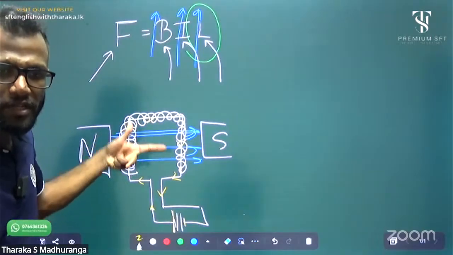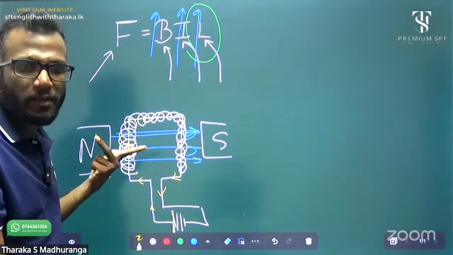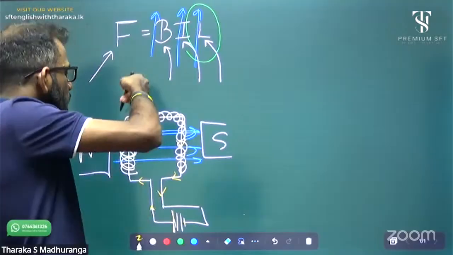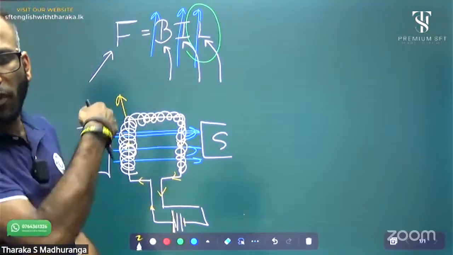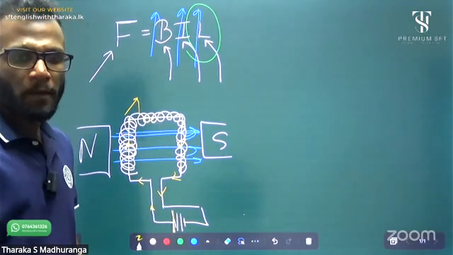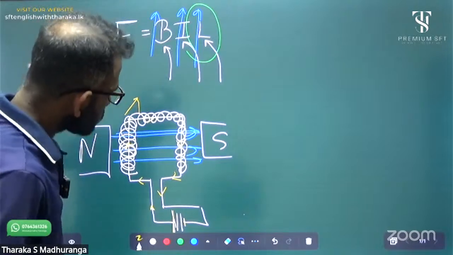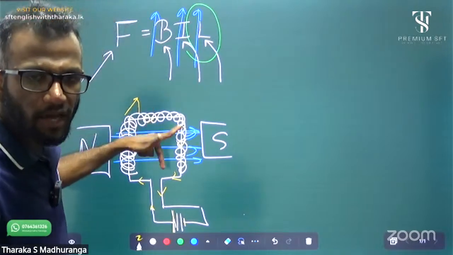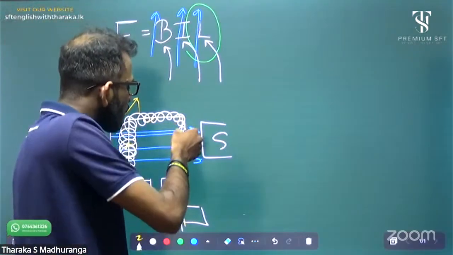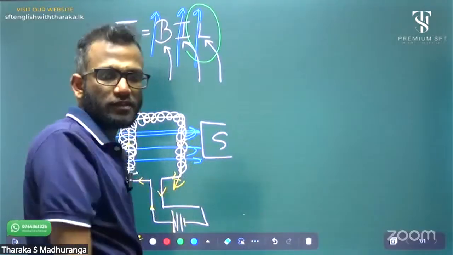On this side, the current is flowing upward, so a force is exerted inside. Same method, Fleming's left-hand law: this is the magnetic field direction and this is the current direction. On this side, a force is exerted outside.